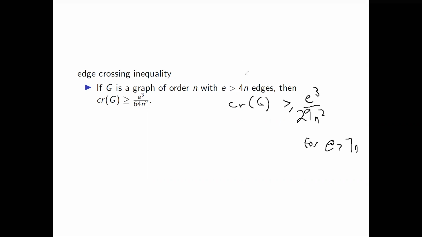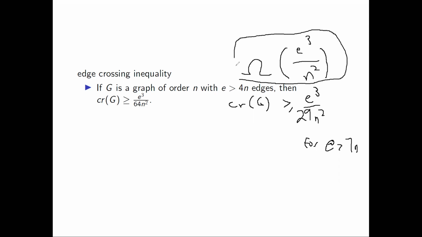So as you can see, both of these bounds are omega of E cubed over n squared. And for the purposes of this video, I don't care about the constant at all. Even if it was E cubed over 1,000,000 n squared, it wouldn't matter. So we're just trying to prove this omega of E cubed over n squared. That's our goal in this video.